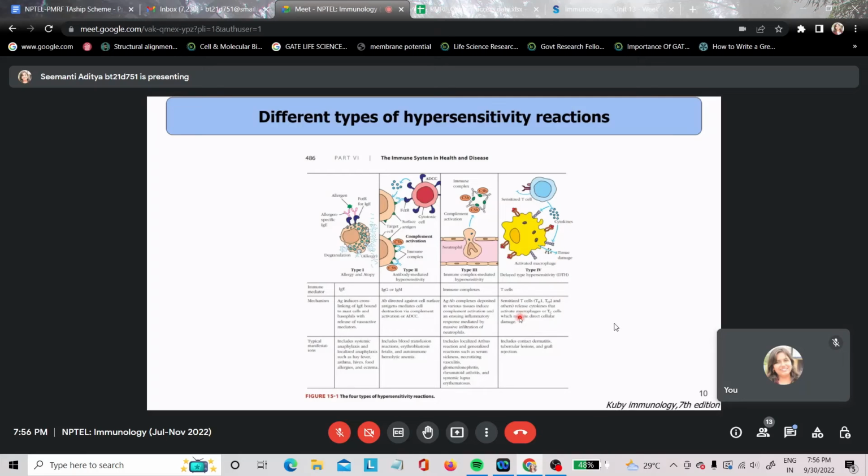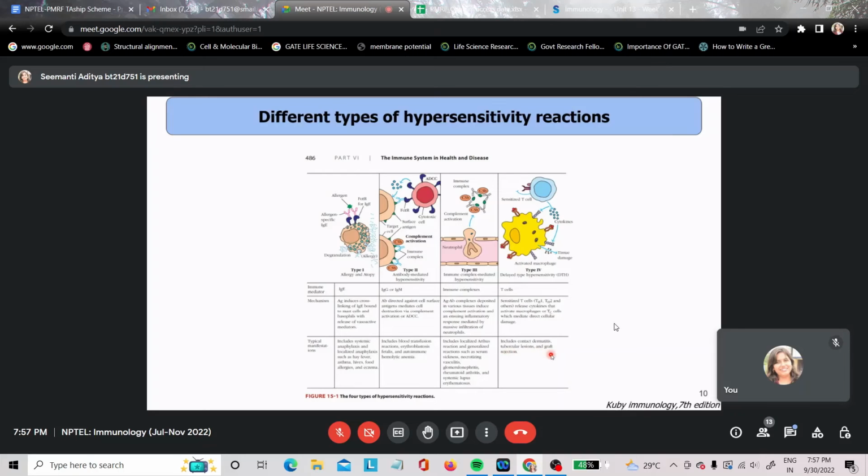So a huge release of cytokines, or cytokine storm, will result in cell death or tissue damage, and that results in a type 4 hypersensitivity reaction. This includes dermatitis, tubercular lesions, graft rejection, etc.